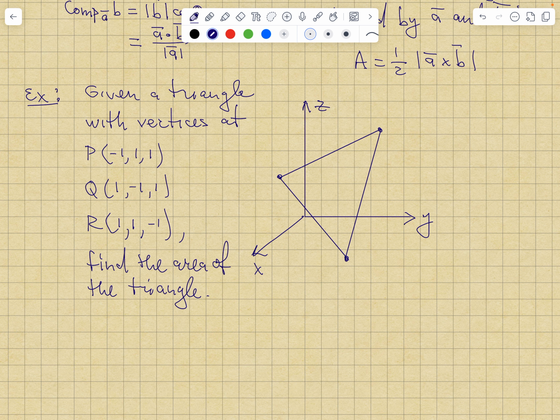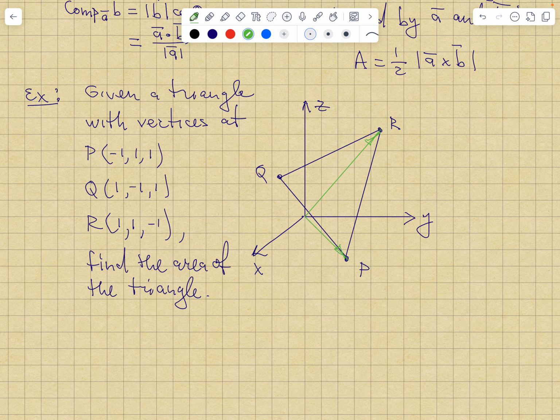So maybe this is P, Q, and R. I can draw position vectors for, let's say, R and P. Then components of a position vector for R would be the same as coordinates of R. Components for the position vector of P are coordinates of the point P.